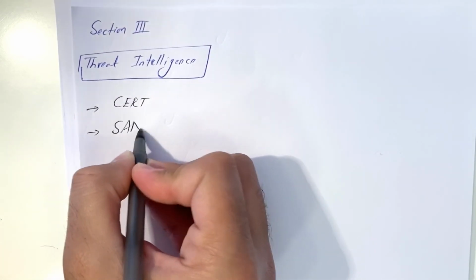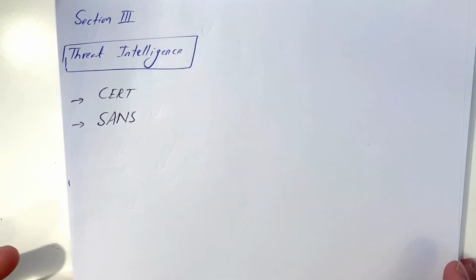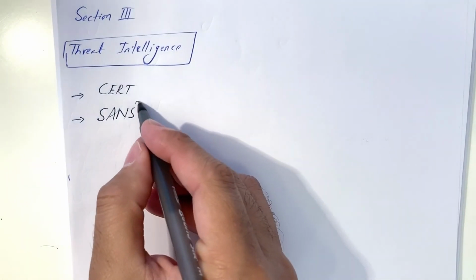There's another institute which provides free publications. There are a few good certifications and trainings as well. The SANS Institute provides very good certifications. In fact, they have started offering bachelor's and master's degrees in cybersecurity as well. So you can educate yourself from this institute.